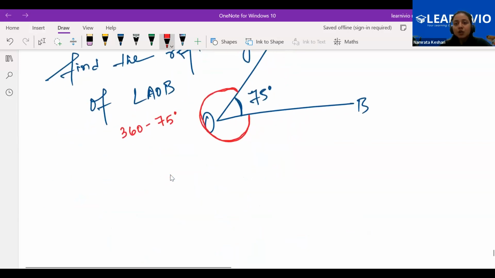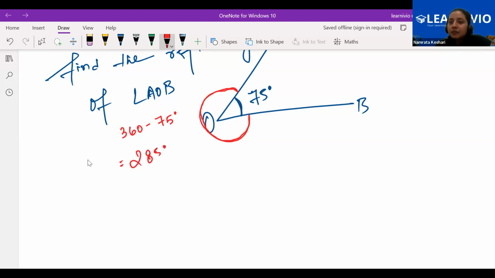360 minus 75 is what, Samya? It will be 285 degrees.